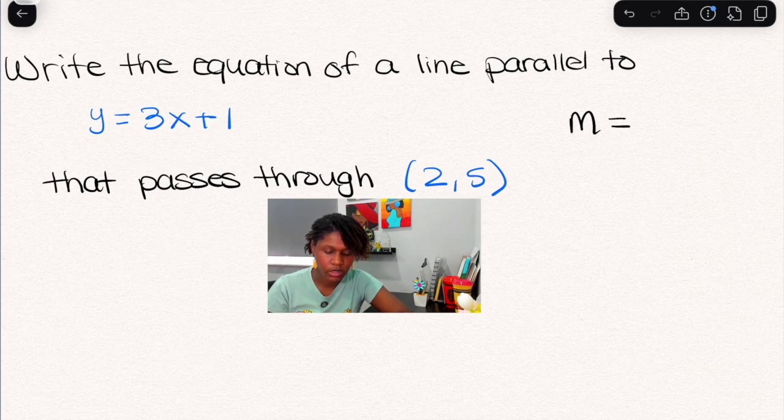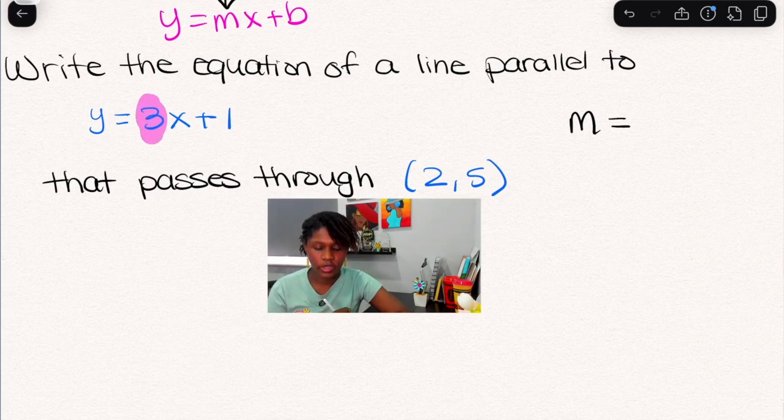So if we are thinking about our formula, y equals mx plus b, where m is our slope, what number do we see in that spot? You should notice the 3. And so we're just going to take that information and jot it down. Our slope is 3.